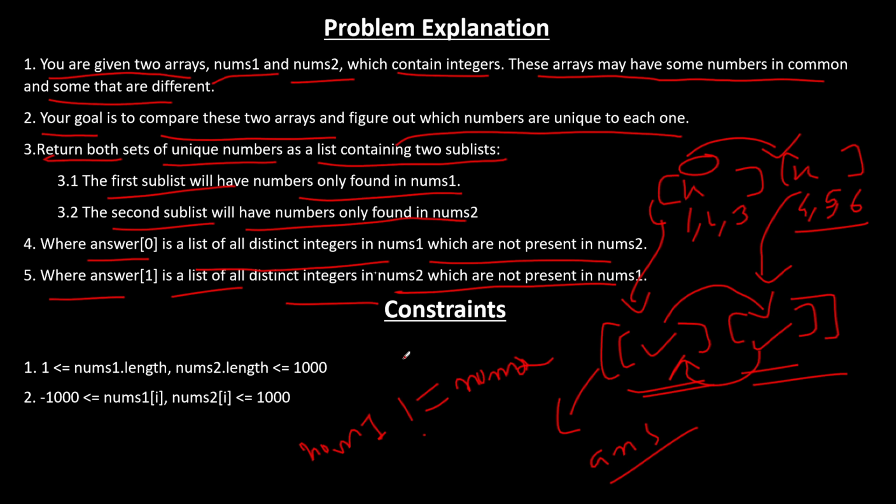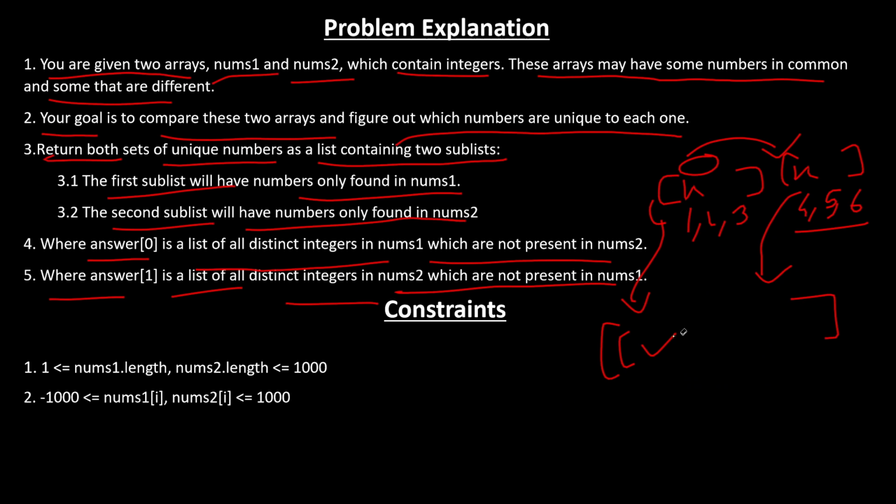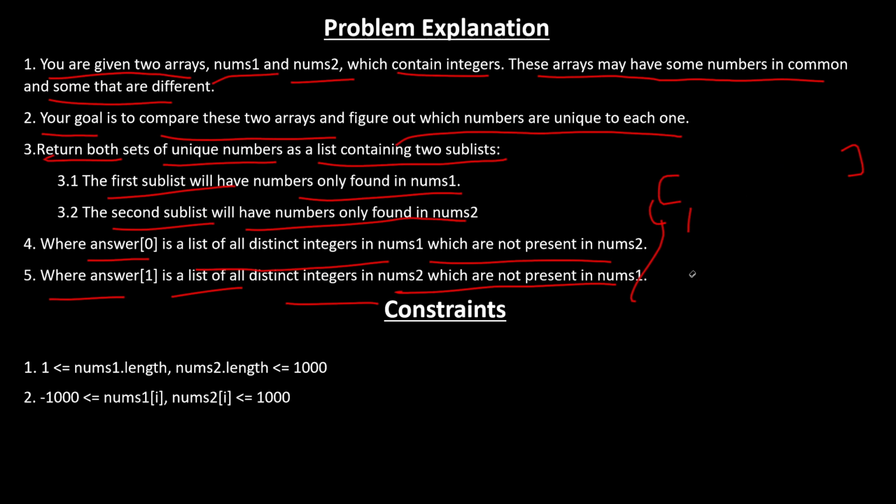That's what the question is asking: we just have to create two sublists which contain unique elements, where elements present in nums1 are not present in nums2, and elements present in nums2 are not present in nums1.